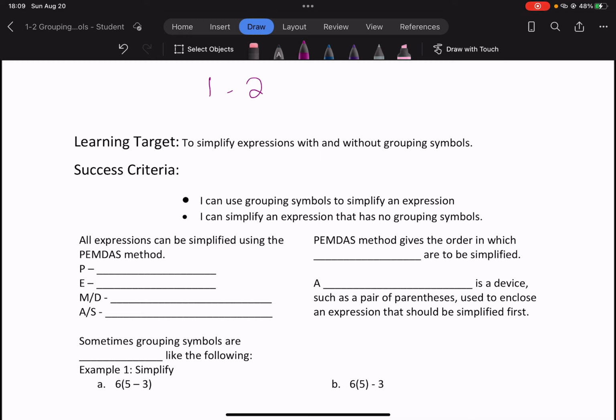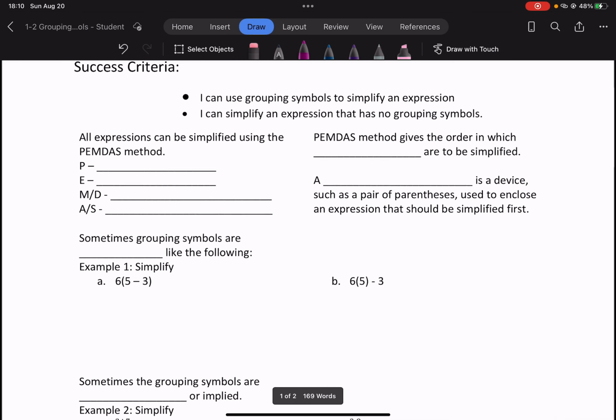This is one method used to solve expressions. It says all expressions can be simplified using the PEMDAS method, and this is pretty common. P is parentheses. E is exponents.